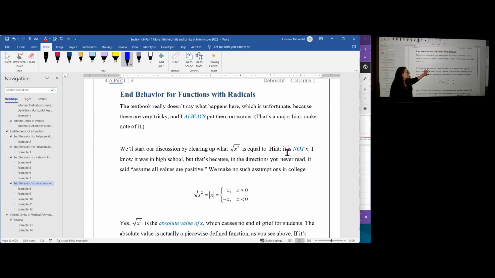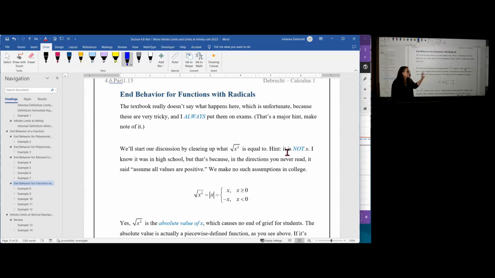We're going to start by clearing up what the square root of x squared actually is. Do not tell me ever that the square root of x squared is x. It is not. It never was. I know from high school that students come out believing that the square root of x squared is x.